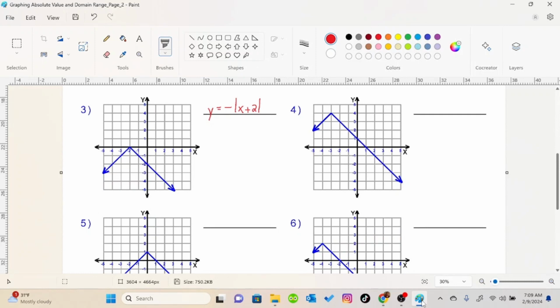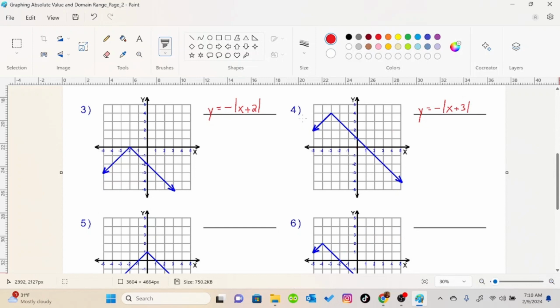Number 4. We're going to start out the same way. Y equals. This graph opens downward, so we need a negative. Then absolute value of x. We can see the vertex is shifted left 3. So that means plus 3.